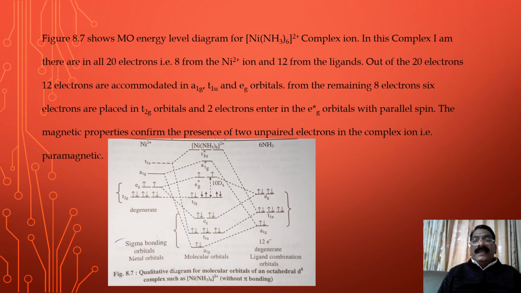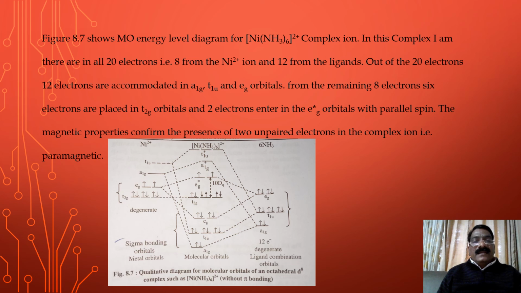From the remaining 8 electrons, 6 are placed in t2g orbitals and 2 electrons enter the eg* orbitals with parallel spin. The magnetic property is confirmed by the presence of 2 unpaired electrons, so the complex is paramagnetic.